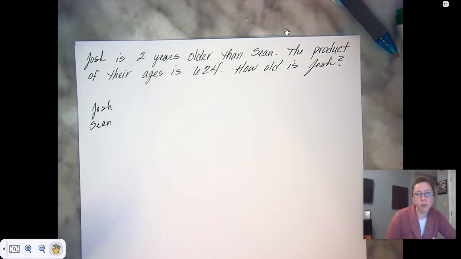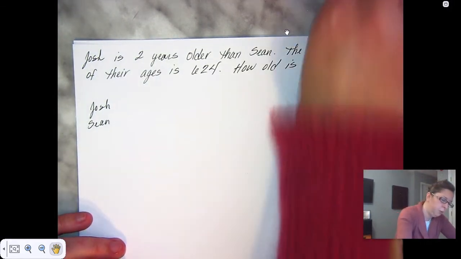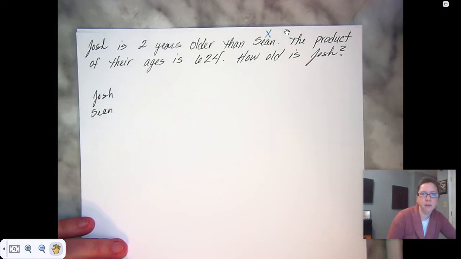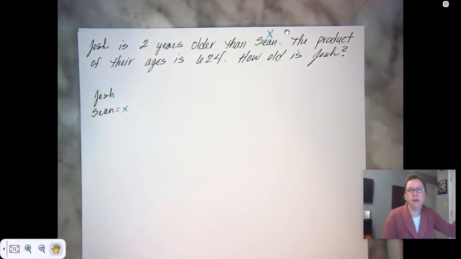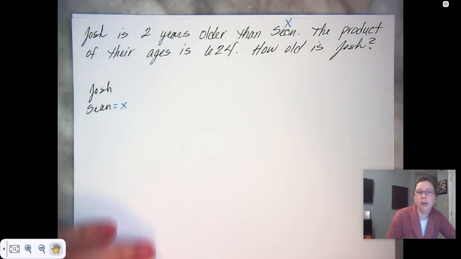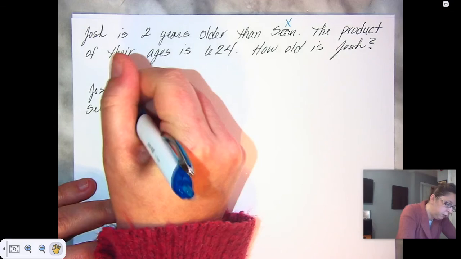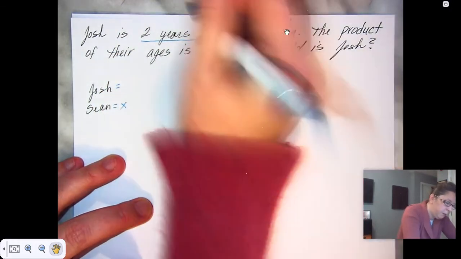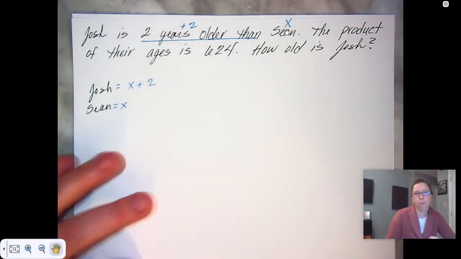One of these two objects they have not told you anything about, and that is Sean. You know nothing about Sean. So remember, we're going to use an x to represent him. So Sean is x. And then we need to translate to figure out what we're going to use for Josh. So Josh equals 2 years older than, which means whatever Sean is, and then add 2.